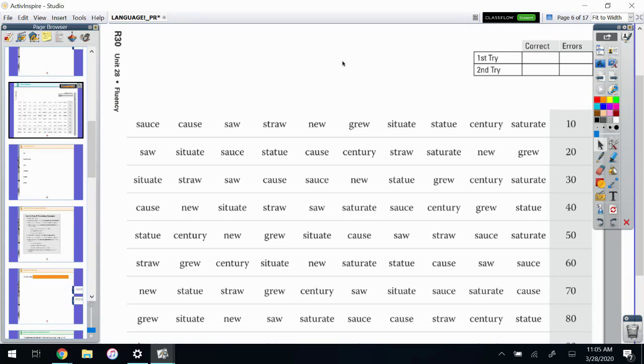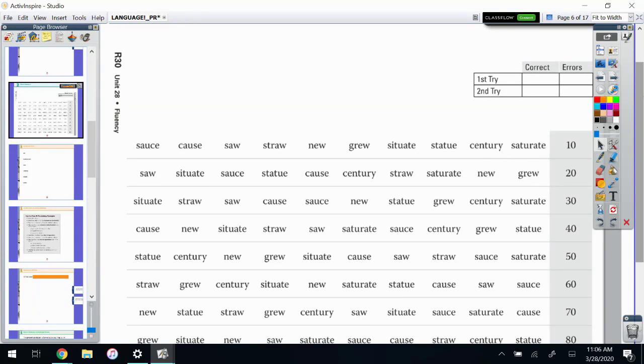Let's read these words together. Sauce, cause, saw, straw, new, grew, situate, statue, century, saturate. Okay, now I'd like you to record yourself reading these words and upload it to Google Classroom or send it to me in an email.